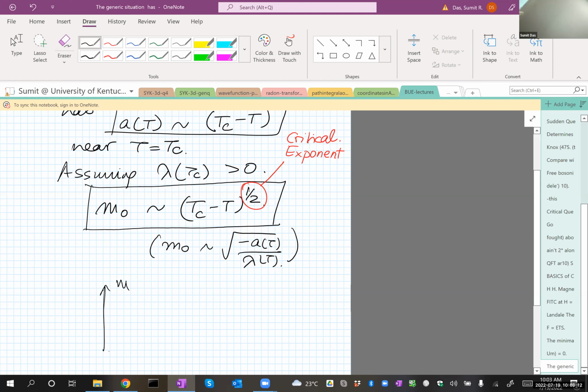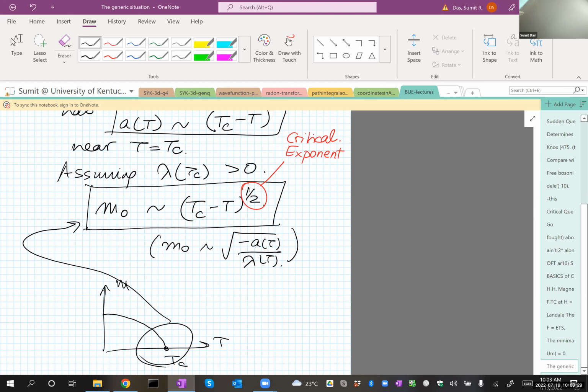So this is the magnetization as a function of temperature. And it is the behavior near here which is described by this equation. So we have obtained the behavior of the magnetization near the critical point, which is T equal to Tc, without too much work at all.